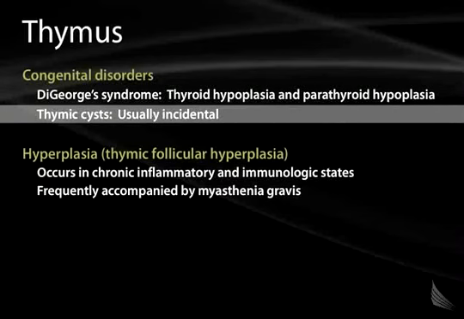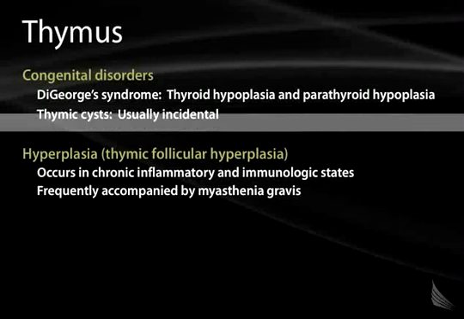Or a thymic cyst, which is usually an incidental finding. So DiGeorge's syndrome has the constellation of hypocalcemia from parathyroid hypoplasia and immunodeficiency from an inadequate formation of the thymus.